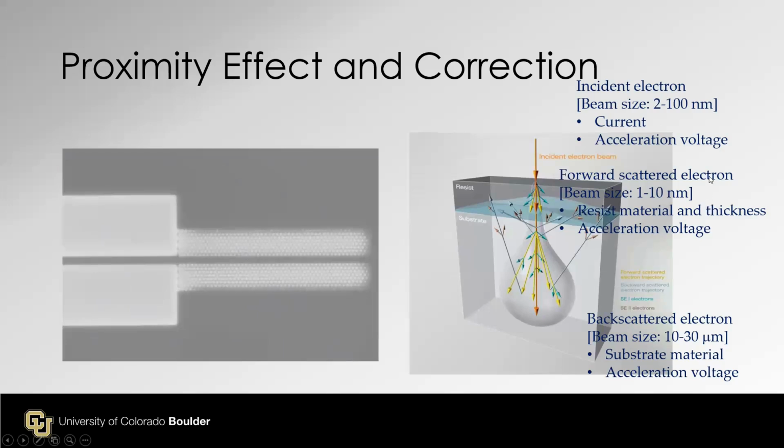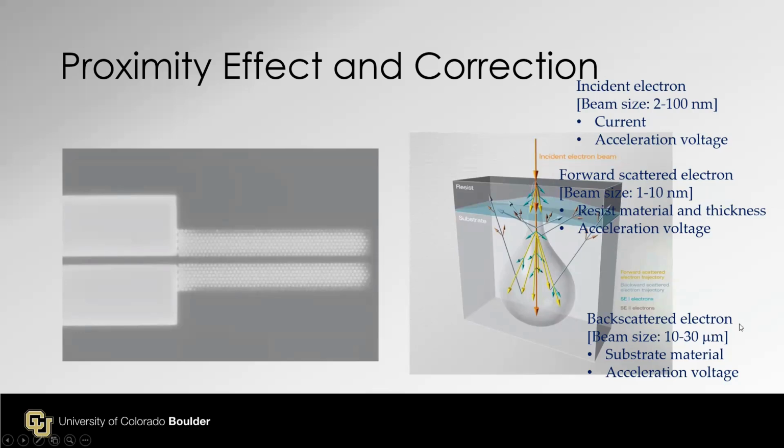Okay, so typically the incident electron beam size can be very small, 2 nanometers or smaller, by adjusting the current and the energy of the electron beam. And for the forward scattered electrons, the beam size stays small, okay? Great.